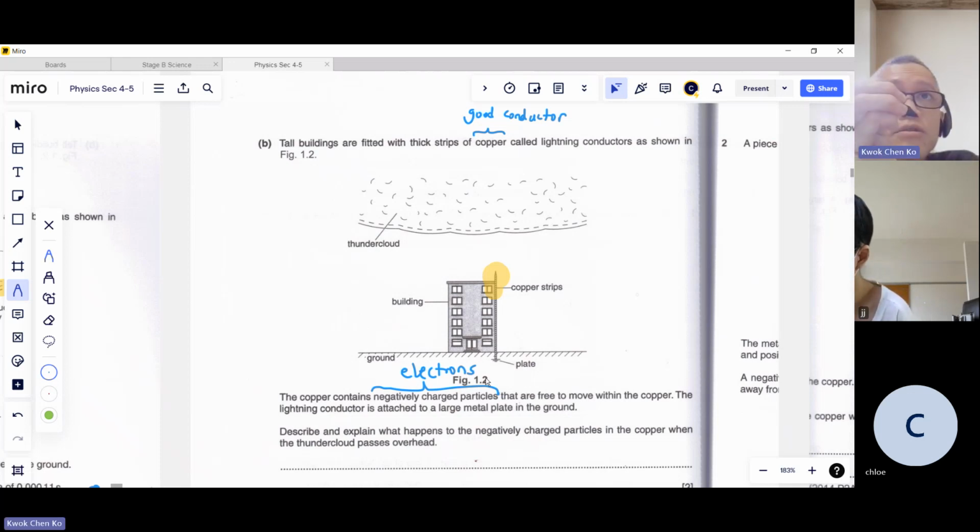Now, just to refresh your memory, if you still remember your chemistry, basically for metals, electrons are free moving, or at least the valence electrons are free moving. So that allows the metals to conduct electricity by the movement of the electrons. Okay, so anyway, what happens to these electrons?